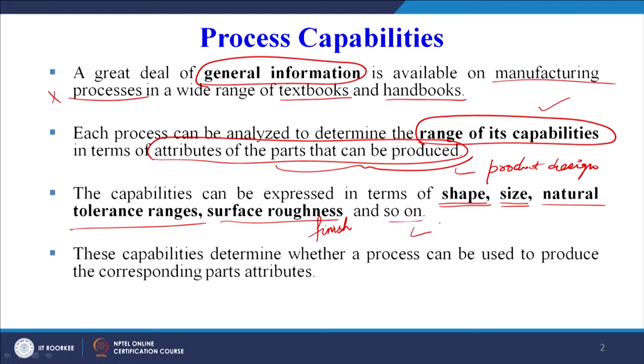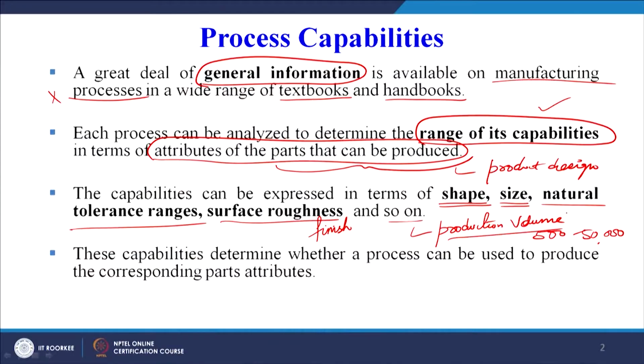In the "so on" we can include the production volume. Maybe it can be 500 or it can be 50,000. Depending upon the production volume also we will decide which process has to be used. Why? Because every process will have a capability.